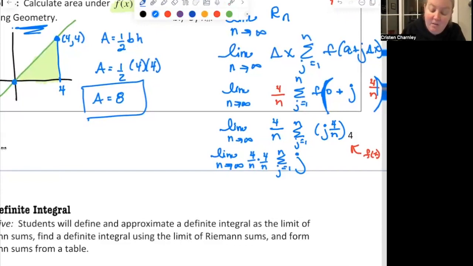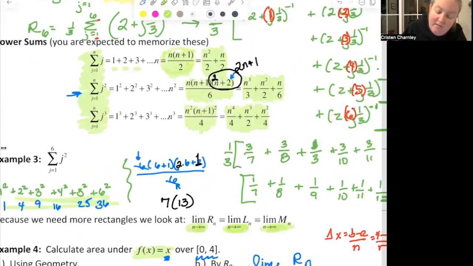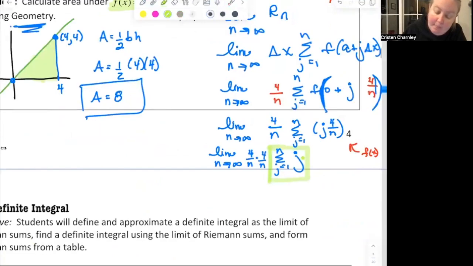All right, now we're almost there, I promise. J equals 1 to n times j. Because this is j to the first, I'm going to come back up here to these formulas. J to the first is the same thing as n times n plus 1 over 2.